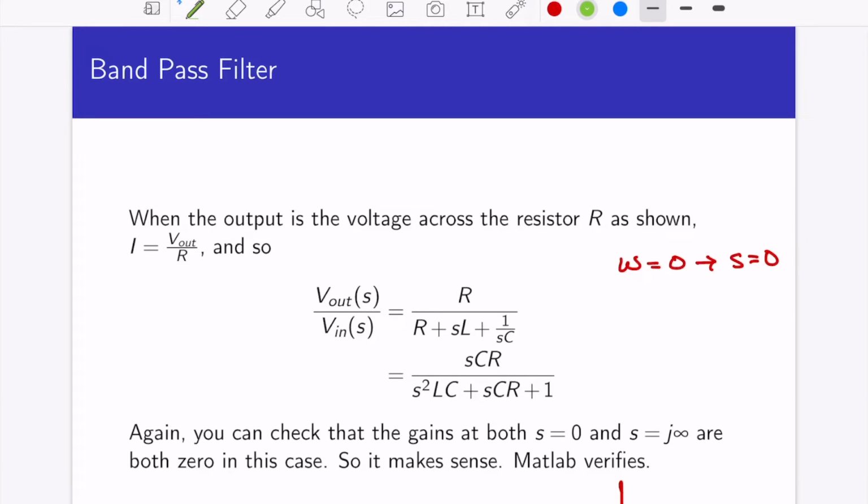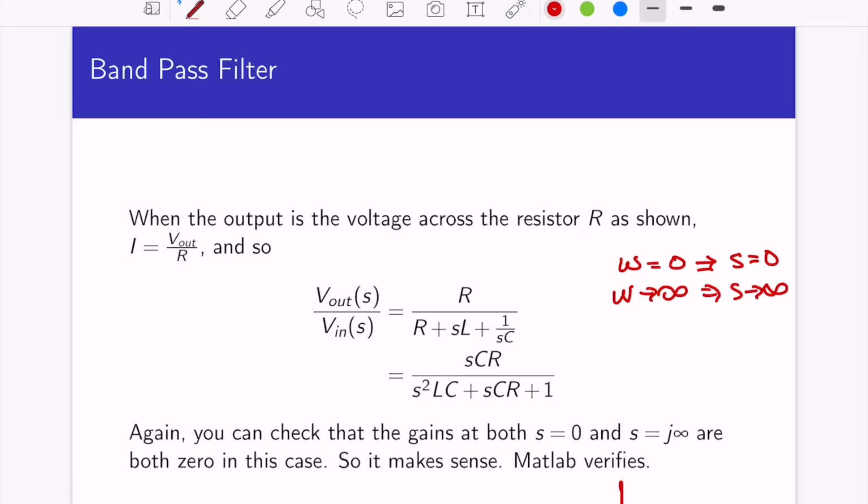We have 0. Now let's consider what happens when omega approaches infinity, which means that S approaches infinity. Okay, so we end up with infinity over infinity squared. And so we can see that if you use L'Hopital's rule again, you will see that this also goes to 0.